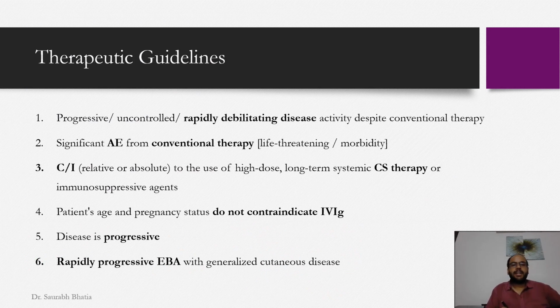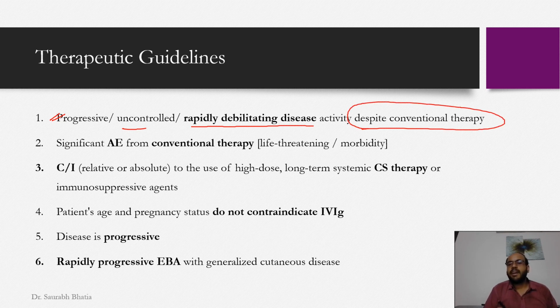Now, therapeutic guidelines. Therapeutic guidelines mean why and when you should consider the use of IVIg. When the disease is progressive, uncontrolled, rapidly debilitating disease activity despite conventional therapy. That means IVIg is usually not the first line therapy, except maybe in diseases like Kawasaki disease, where it is the FDA approved indication. So when the conventional therapy has failed in a rapidly progressive disease, you may consider IVIg.